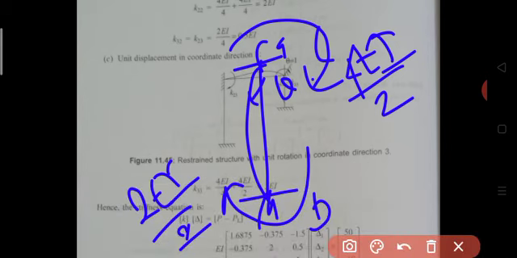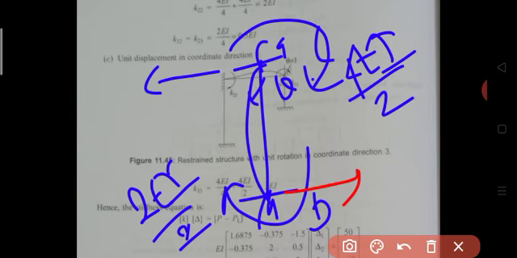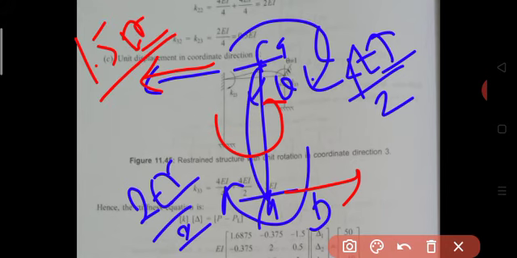The net end moment is in the clockwise direction, therefore the moment induced by the horizontal reaction is in the anti-clockwise direction. Its value is the net moment divided by L. The net moment is 4EI by 2 plus 2EI by 2, totally 6EI by 2, divided by the length 2. Therefore it is 6EI by 4, that is 1.5EI. The reaction is 1.5EI, in the minus x direction.